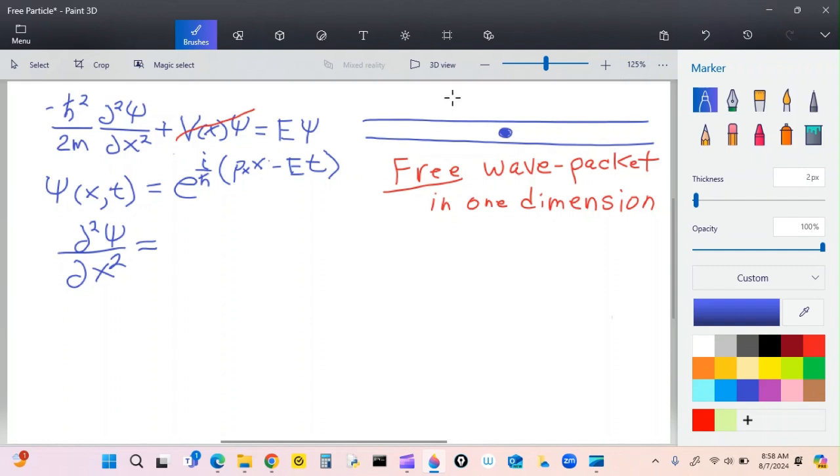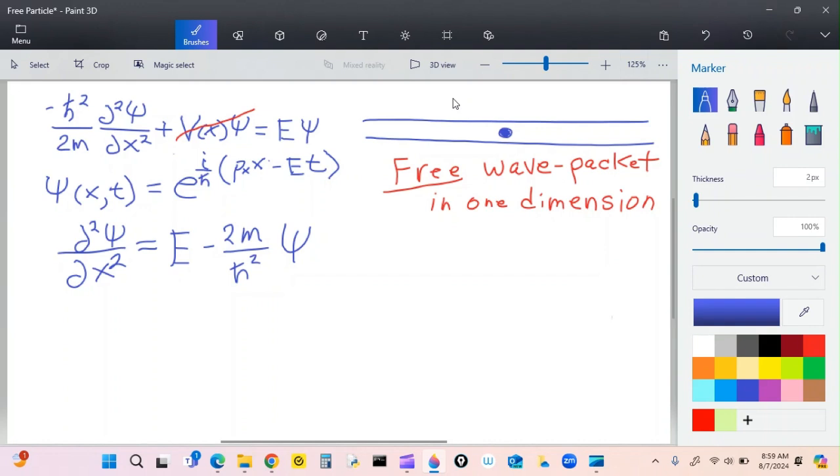So what I'm going to do is say that that is E times negative 2m over h bar squared times that function.